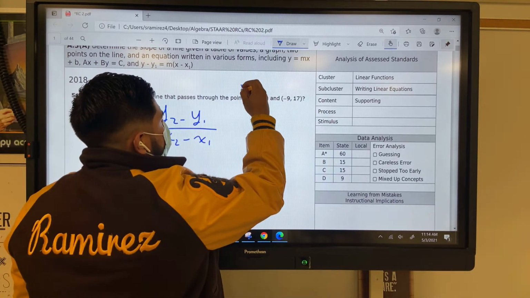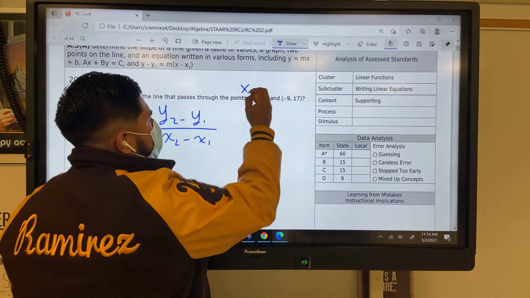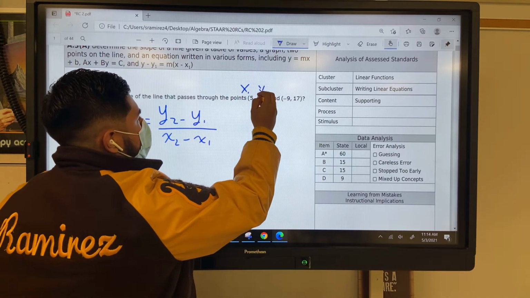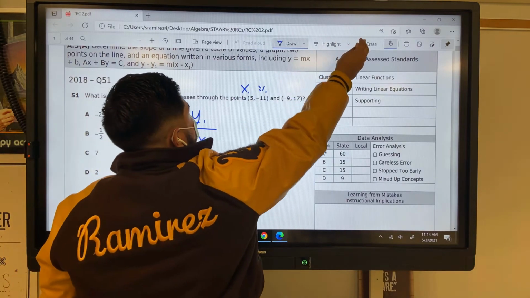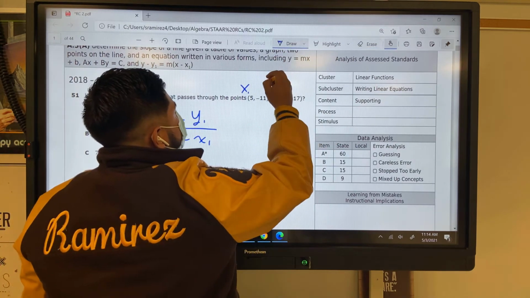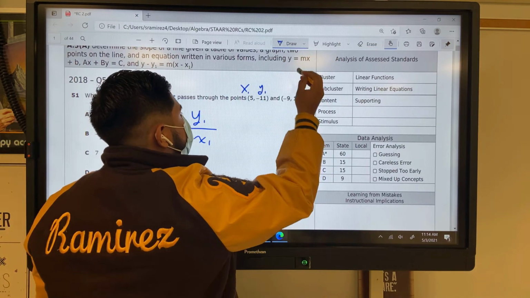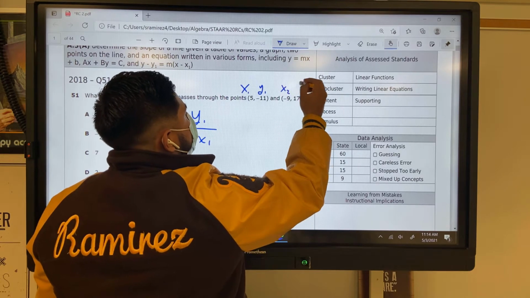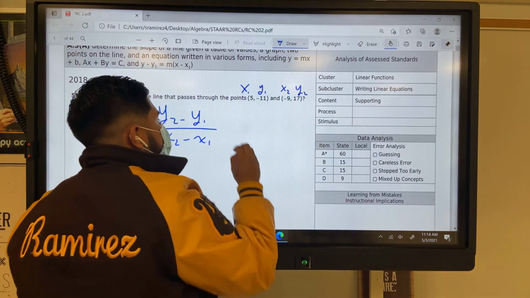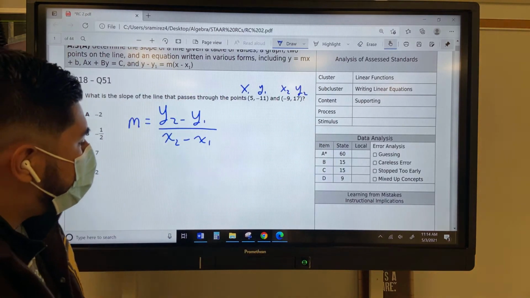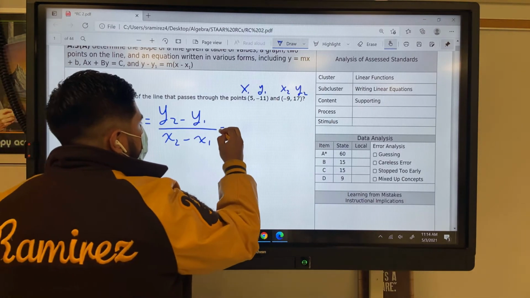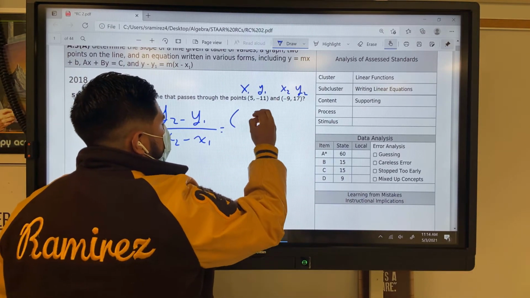Here we go. 5 is x1. Negative 11 is y1. Negative 9 is x2, 17 is y2. We're going to put these points in there.